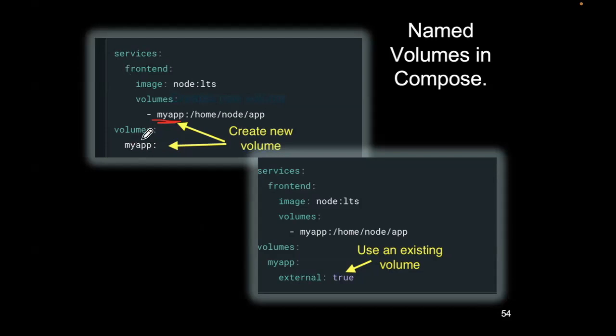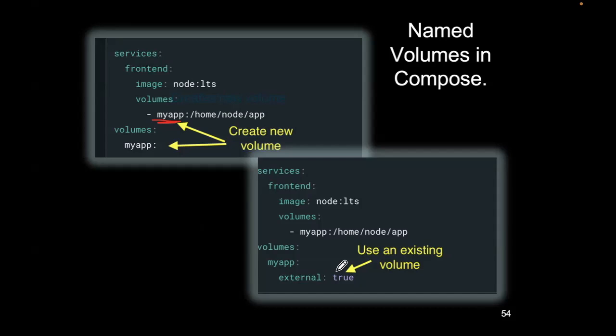The volume can either pre-exist or you can get it to create it at runtime. Down here I'm saying external is true. External is true means that the volume already exists, so I would have created it from the command line. Set that to false or leave it out. I'm not sure what the default value is, whether it's true or false.